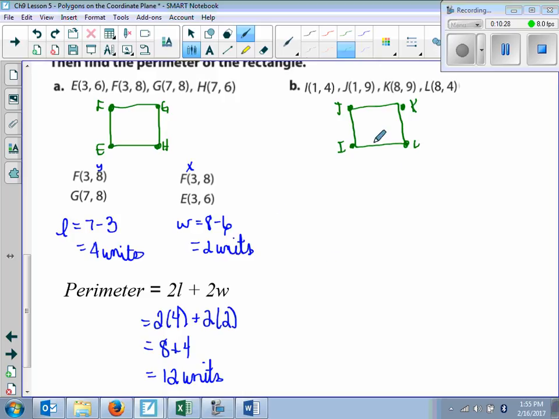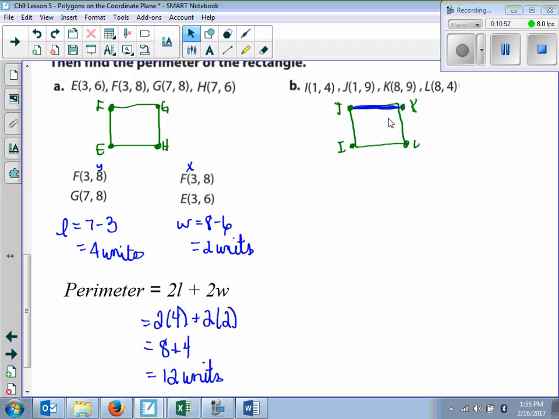All right. So now let's find the length. If I'm looking for the length, this is JK. Which coordinate is the same, the X or the Y? If I'm looking at the horizontal, it's going to be the Y, right?